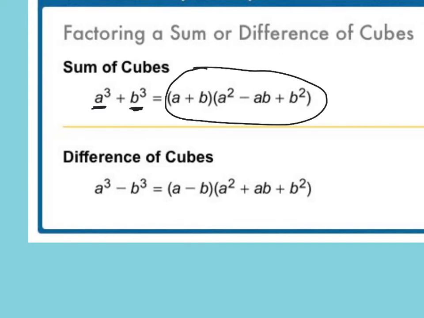We do the same thing for our difference of cubes. So difference of cubes, we're just subtracting a cube number minus a cube number. And we just put it into this formula here.